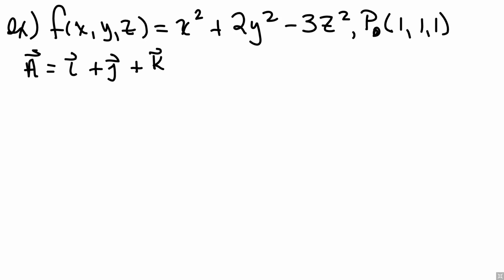Okay. So again, the same thing, we're going to do what we did last time. So the first part, we're going to find a unit vector for a. So our unit vector is going to be 1 over, all right? So what would be the magnitude of vector a?